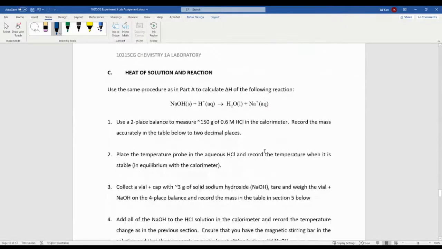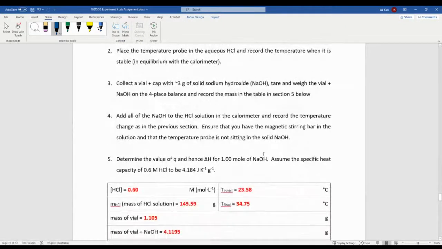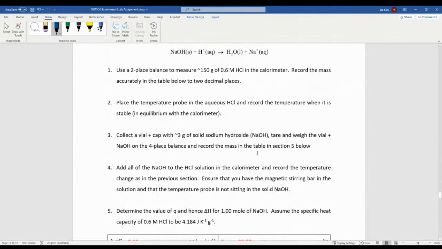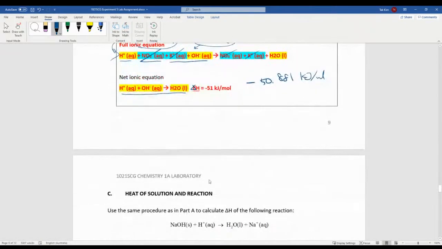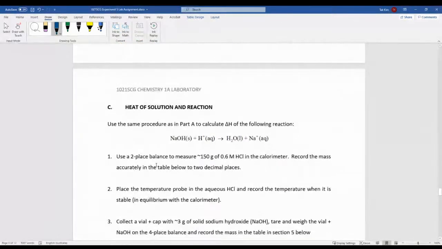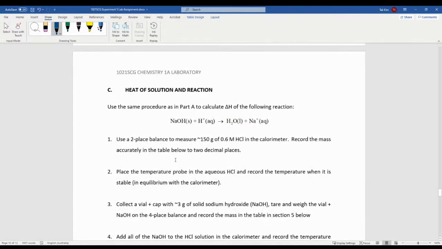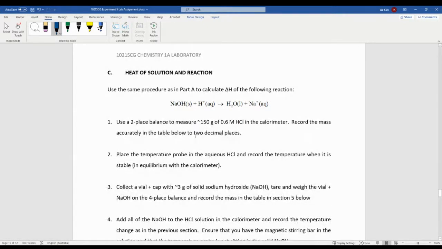All right. So let's have a look at the last one. In this case, reaction C, or part C, whichever you want to call it, is pretty much the same process as A and B, but we are combining reactions A and B into one reaction.